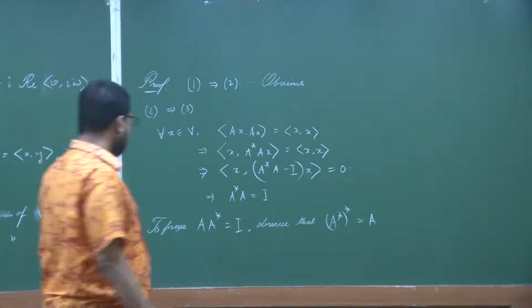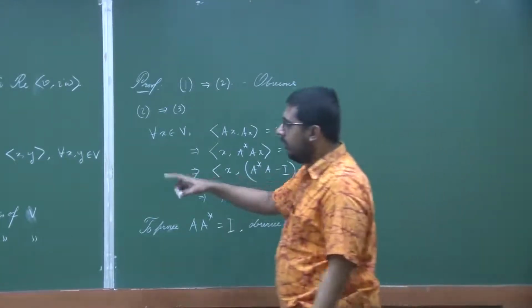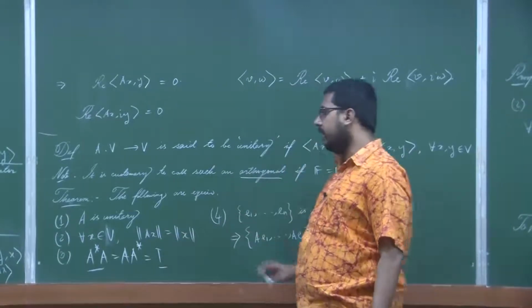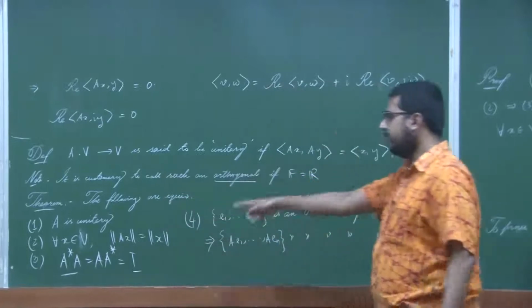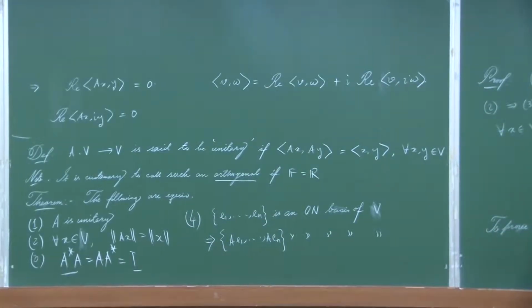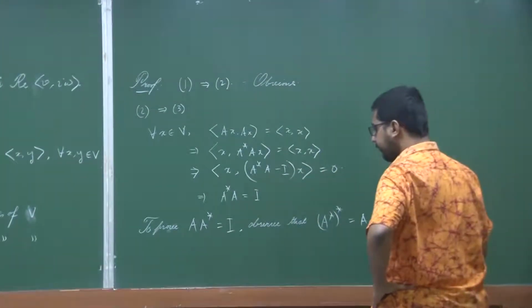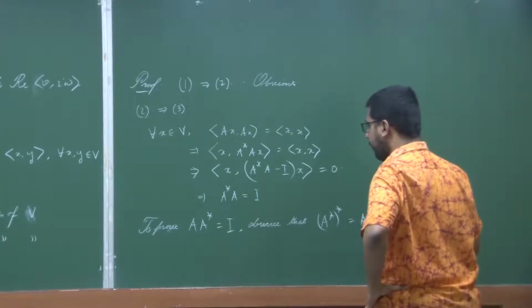So, we have proved that for any operator, as long as it satisfies this, then A star A becomes identity. Now, it is easy to see that for A star the property is also obviously there. Or we can think of proving it for A A star.